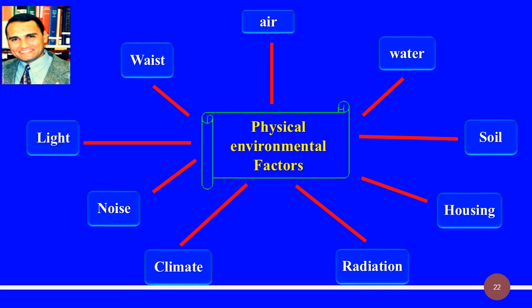Noise and light lead to fatigue, deafness, annoyance, and psychological effects such as blindness. The presence of waste in the environment may lead to chemical poisoning. Radioactive hazards lead to genetic problems, skin problems, and GIT problems.